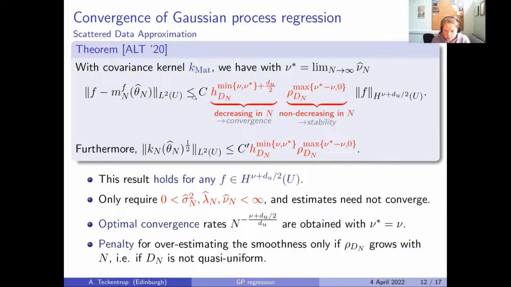For this particular result that I've written down here, you need these things to be uniformly bounded away from 0 and infinity. And there are some cases where, for example, it is known that maximum likelihood estimates either converge to 0 or infinity. The results can be adapted to that case. So you can track exactly how these constants c and c prime depend on the estimates. So you can deal with that as well.